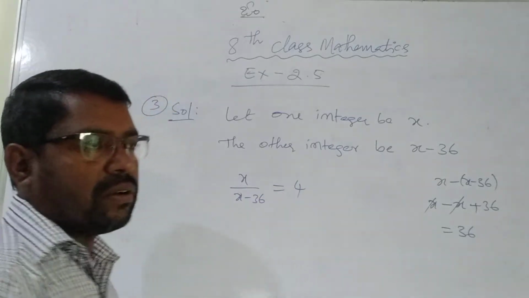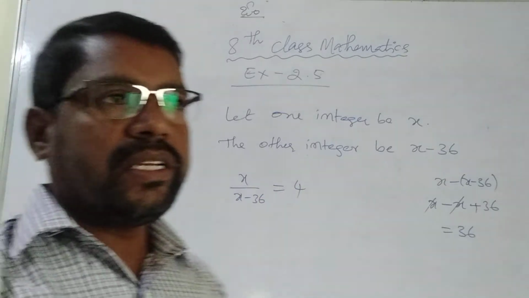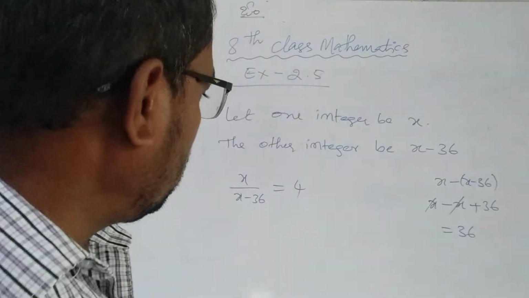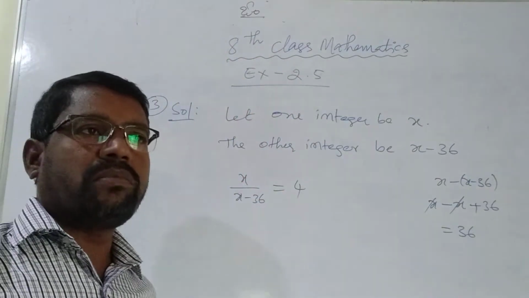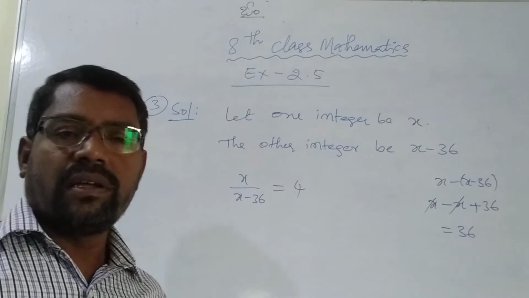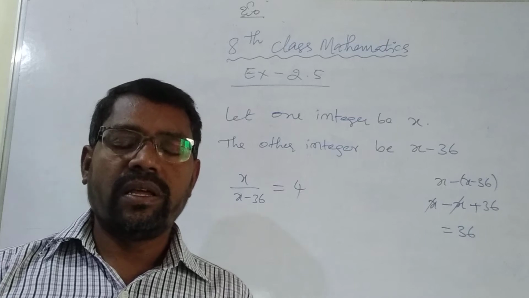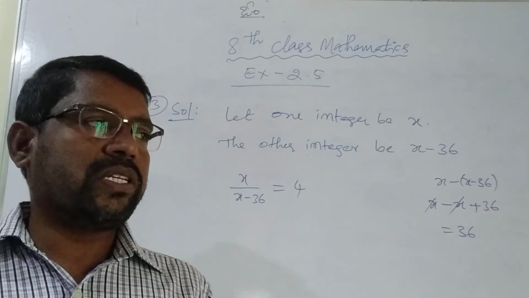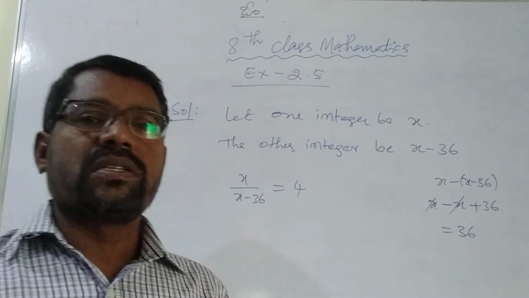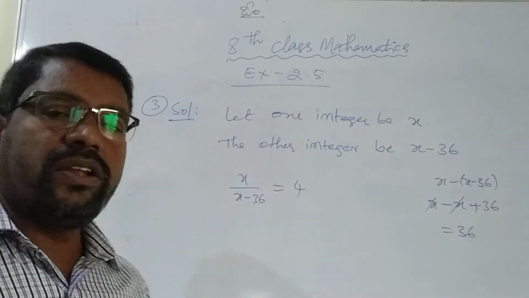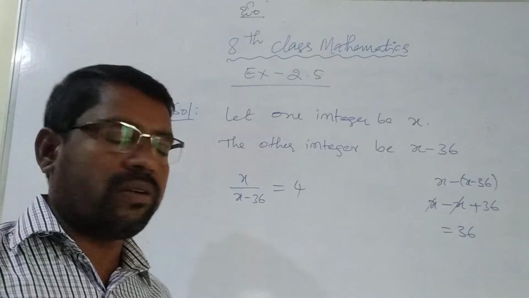This is the given one. When one integer is divided by the other integer, the resultant quotient must be 4. This is our main idea. You should think about the question, which is given verbally in word form. We should make it into simple equations and reduce it to find the answer.